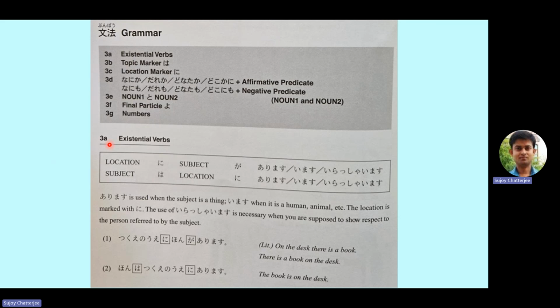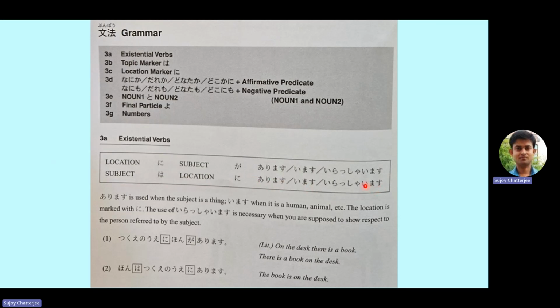So as you can see here, there are two structures of sentences written here. Location ni, subject ga, arimasu, imasu, irasshaimasu. And now interchanging the location and the subject, we have subject wa, location ni, arimasu, imasu, irasshaimasu.